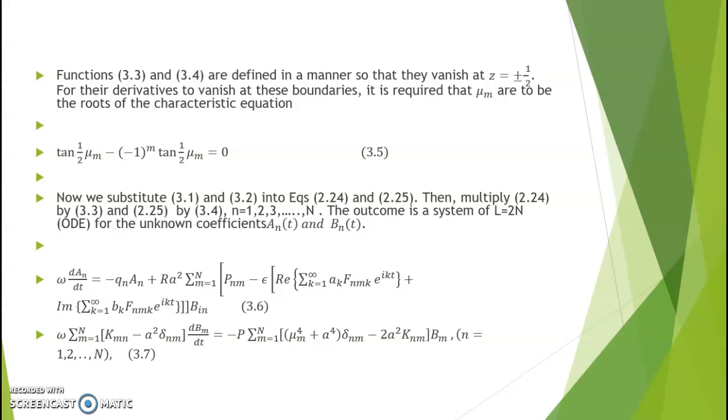3.6 and 3.7 are the results of the derivation done when we substitute 3.1 and 3.2 into 2.24 and 2.25.